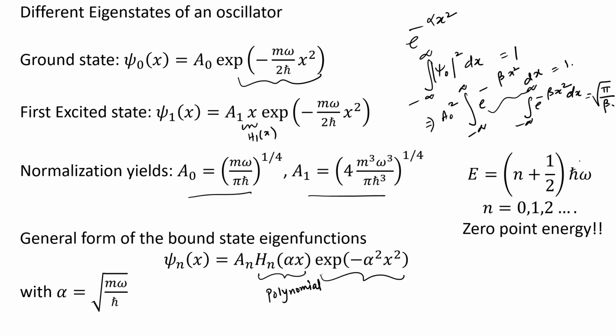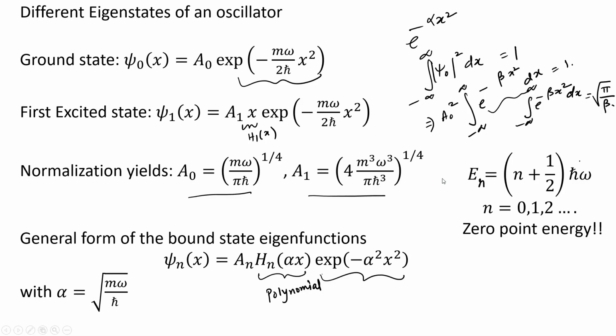Okay. So, E is equal to, I can put an n here, because n means that there are different energy levels that are allowed for the oscillator, and they are in integer multiples of h cross omega by 2. The lowest one is h cross omega by 2, then it is 3 h cross omega by 2, 5 h cross omega by 2, and so on and so forth.